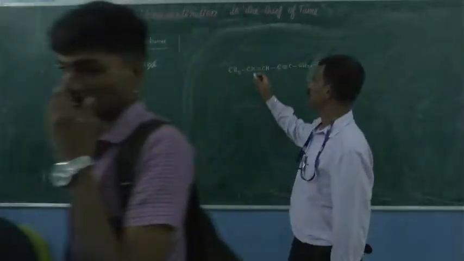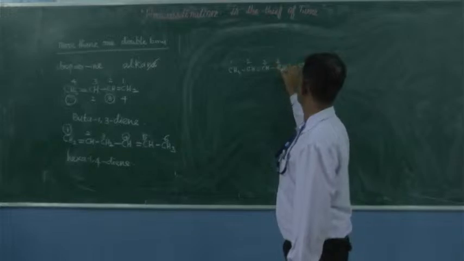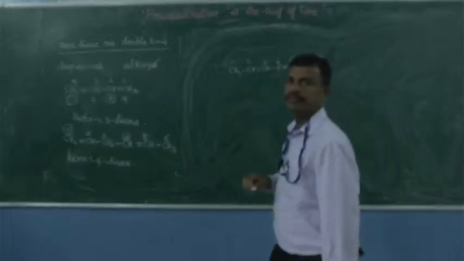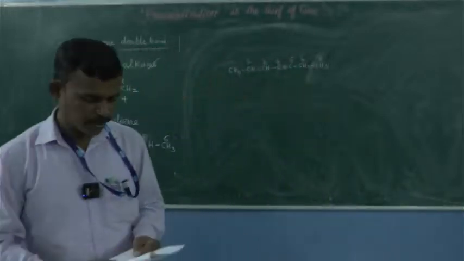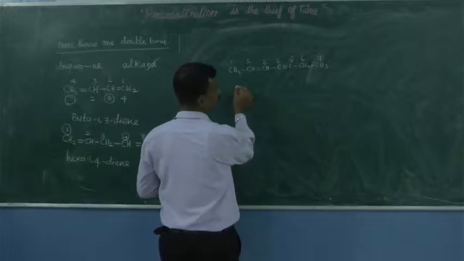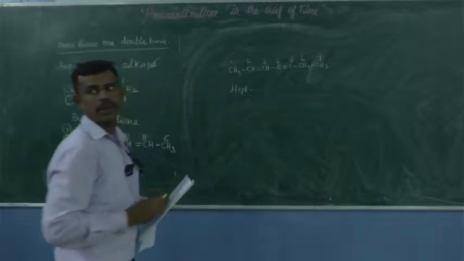Is it clear? Also, the carbons are 1, 2, 3, 4, 5, 6, 7. So the total number of carbons is seven, hept.